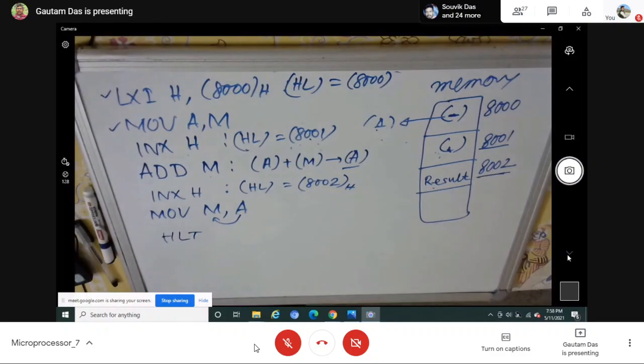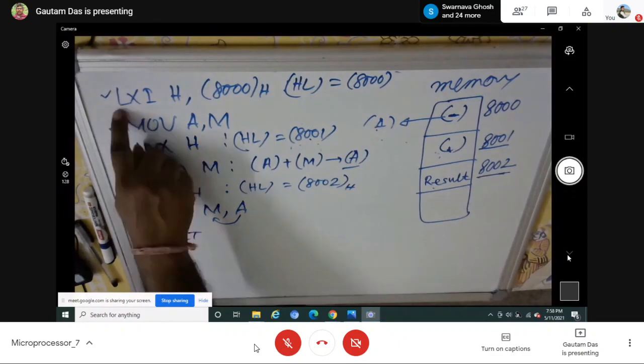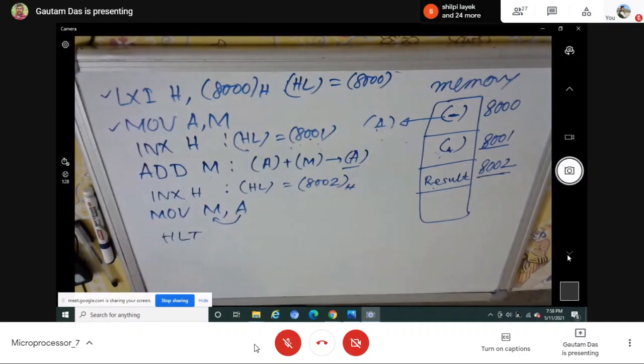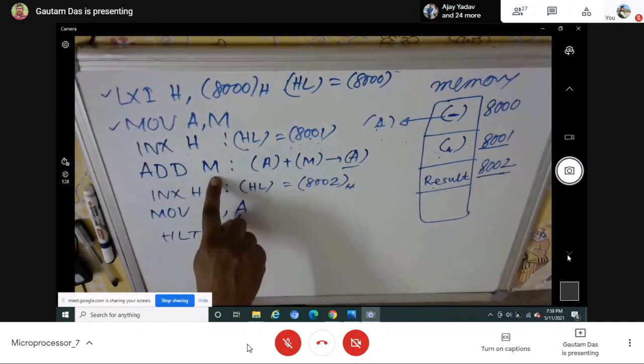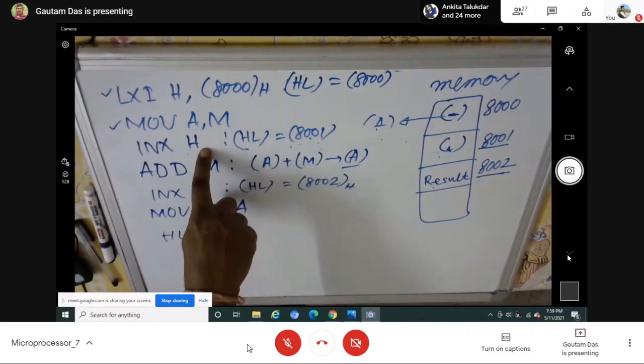So one thing you have to make clear: why I am using INX H here. Earlier we have learned that whenever I have to store the address of memory in HL, we use the LXI H instruction. But here, for ADD M, to store the address of M in HL, I am not using LXI H 8001, but rather the INX H instruction.